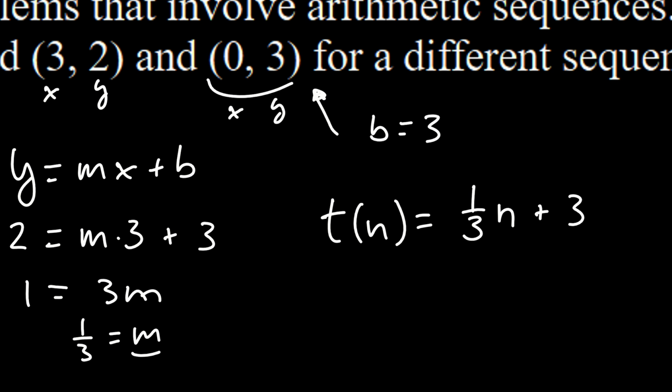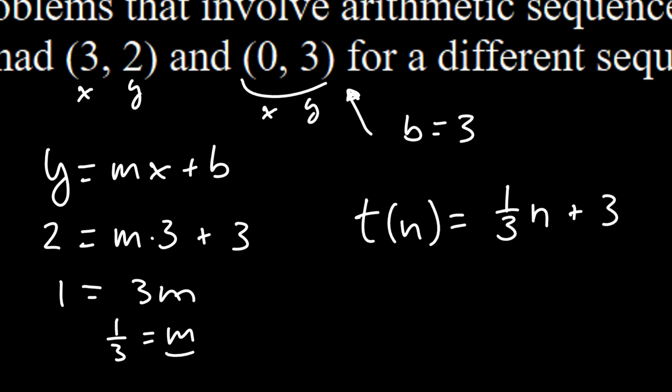So a quick check for this, if I put in the number 3, this is not producing the right outputs. If n is 3, this becomes 1, and I've got the number 4. If I put in 0, I do get 3, but I am totally not getting the right values for this first point. So what the heck did I do?